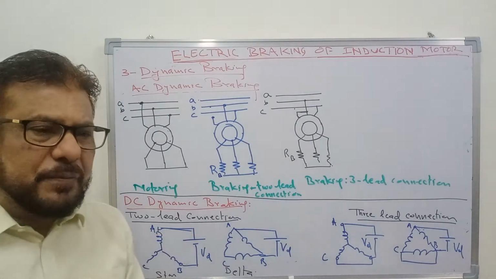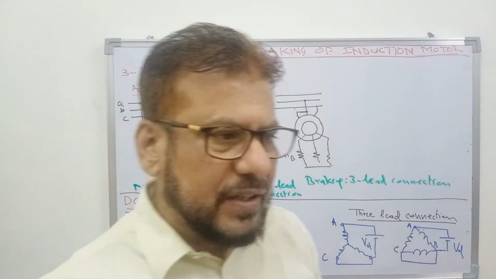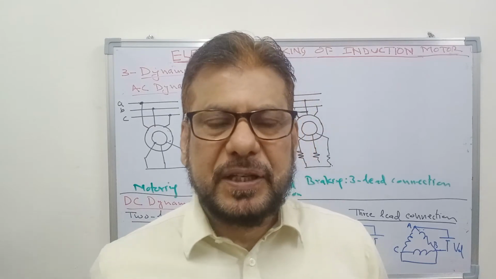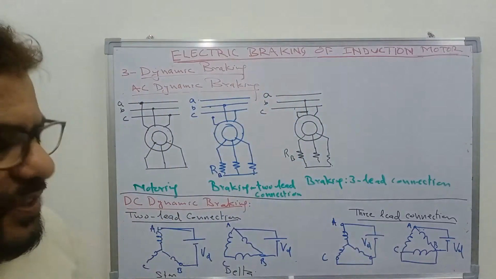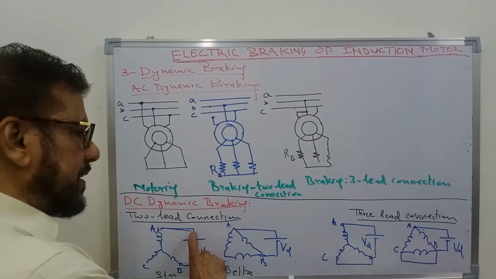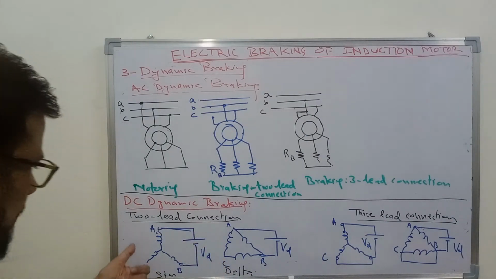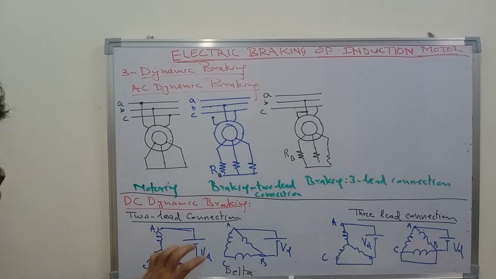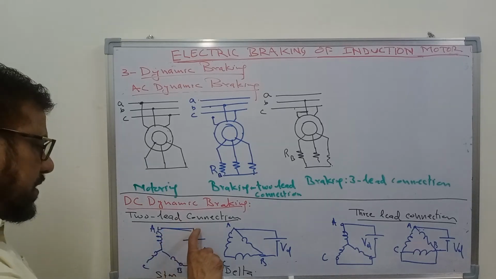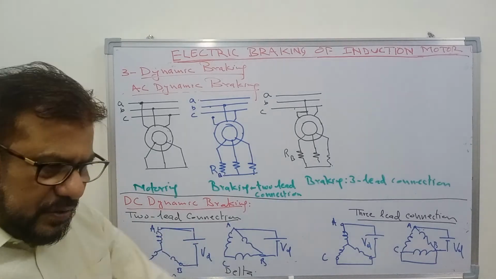The rotor is running, and we have removed the single phase AC supply from the stator winding, and instead we have given a DC supply. So in two lead connection, one terminal is kept open, and supply is given to two terminals. So two leads are used here.